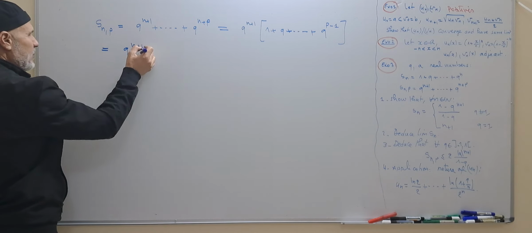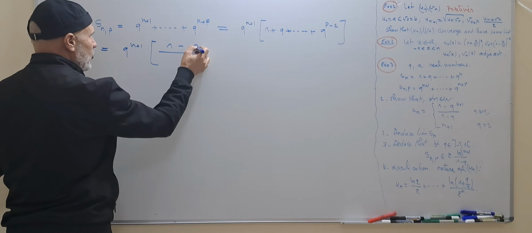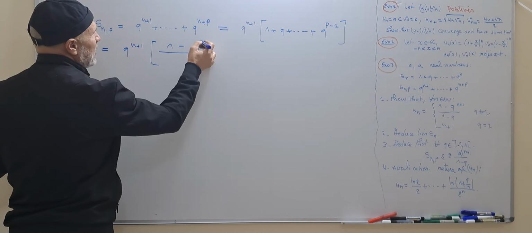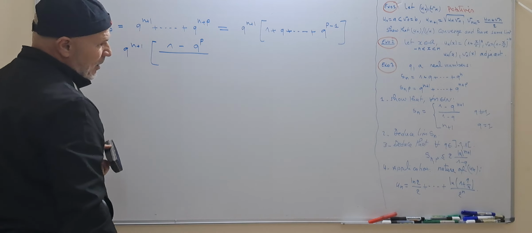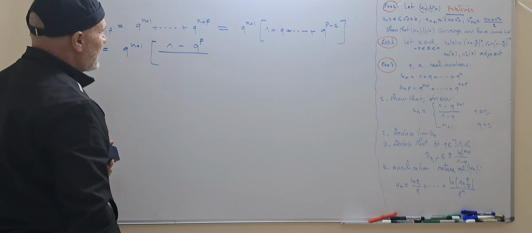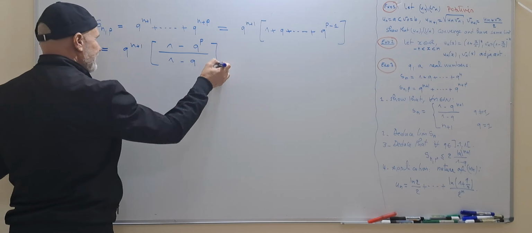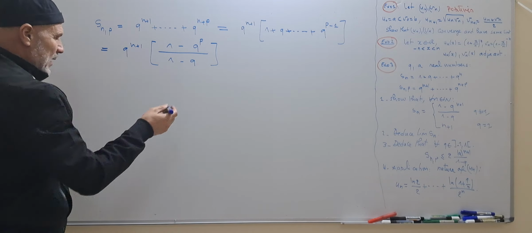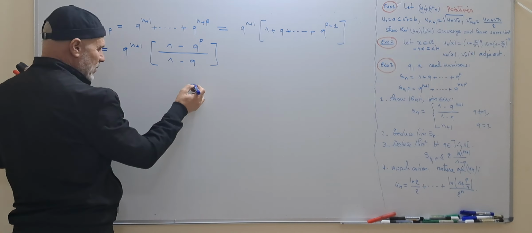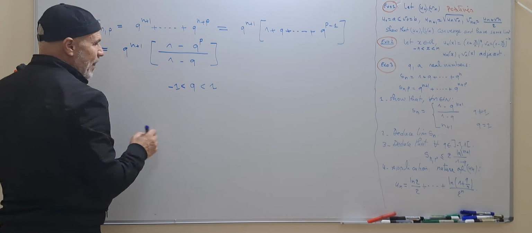This is equal to q power n plus 1 times 1 minus q power p, divided by 1 minus q. Q is less than 1 and greater than minus 1.